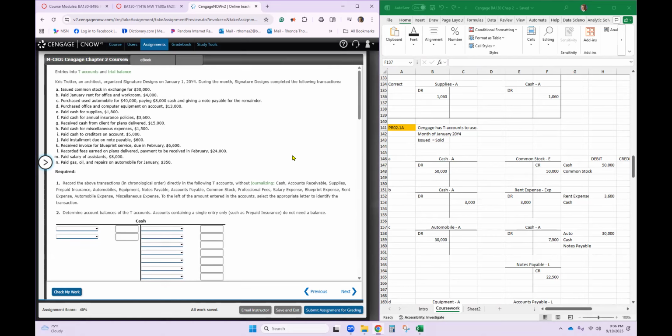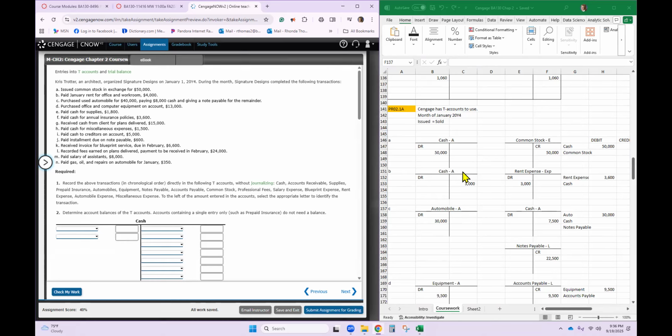The first one is A. Now, I've got it here in Excel. So the first one is issued common stock in exchange. Now we are using the same numbers together on this. Okay, so $50,000 is going up in cash, and the owner is getting $50,000 in equity.